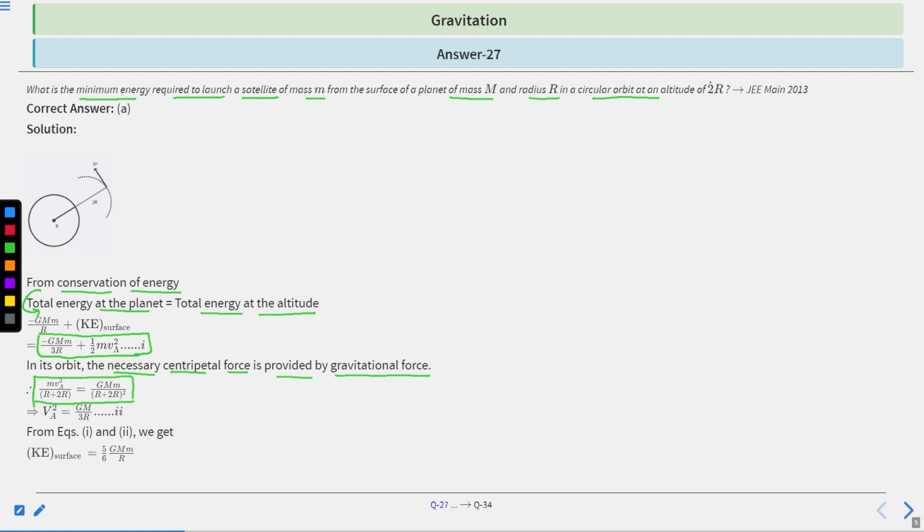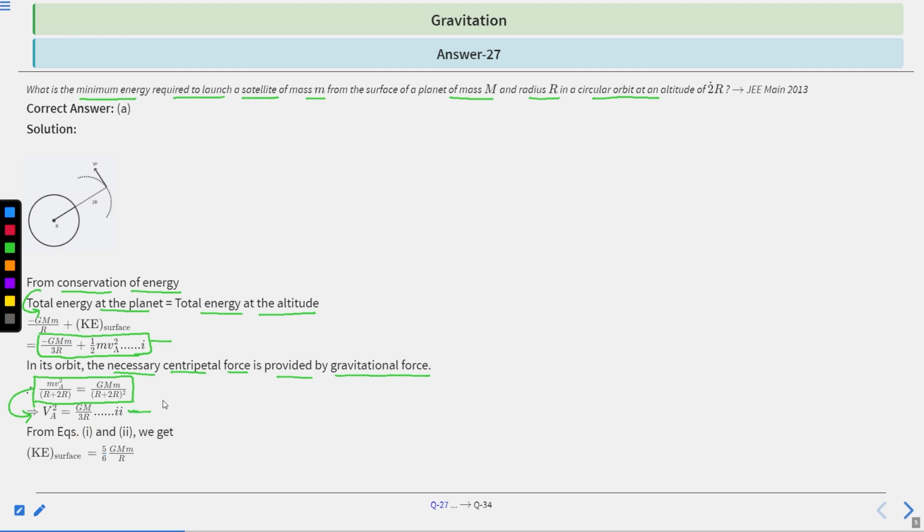When solving this equation, you will get v square is equal to GM divided by 3R. Let this be equation second.